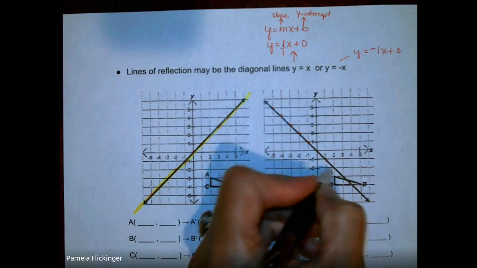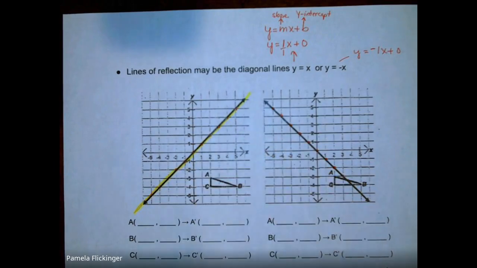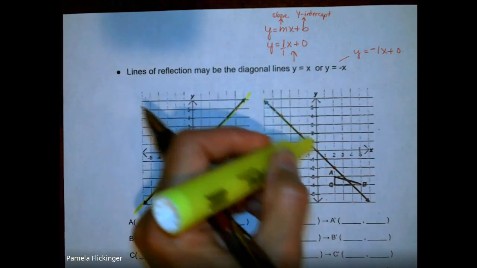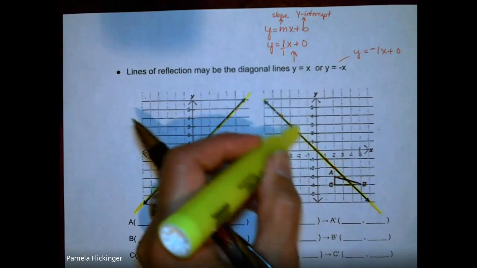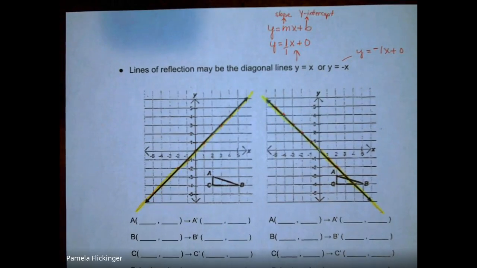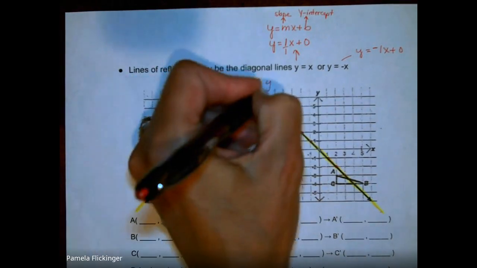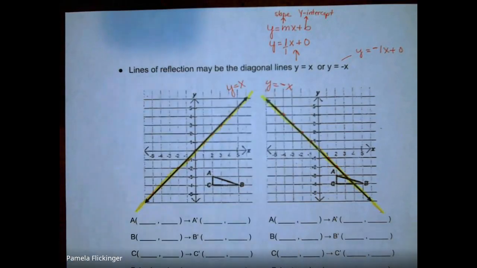So we're going down and then positive, down and then positive. Again, take your time, especially if you're going to be using graph paper to do your worksheets. Okay, so y equals x, and this one's y equals negative x.